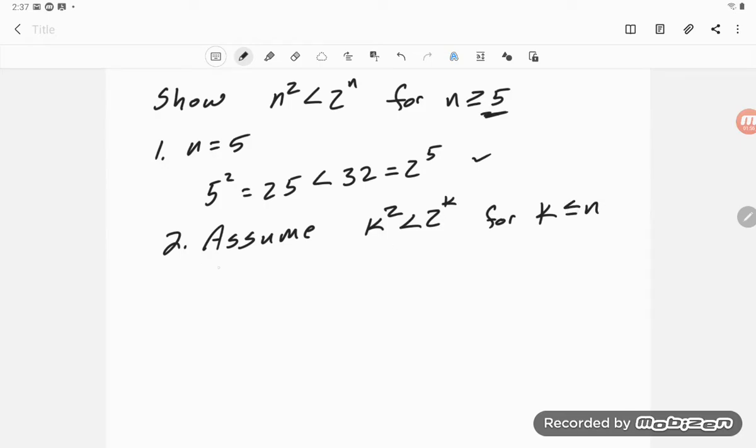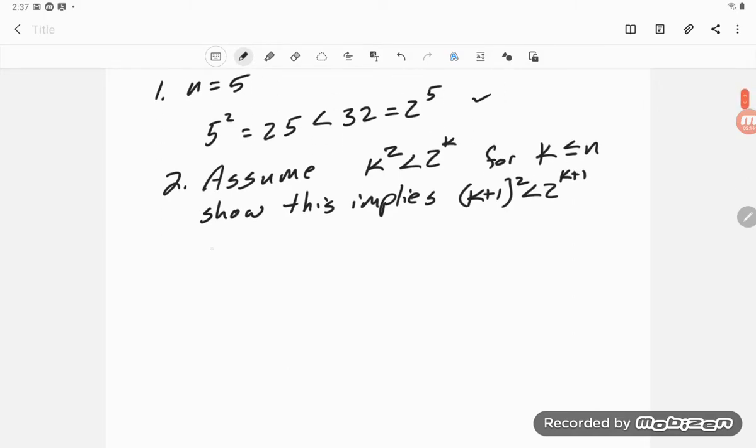And so now what we want to do is show this implies that (k plus 1) squared is less than 2 to the k plus 1.